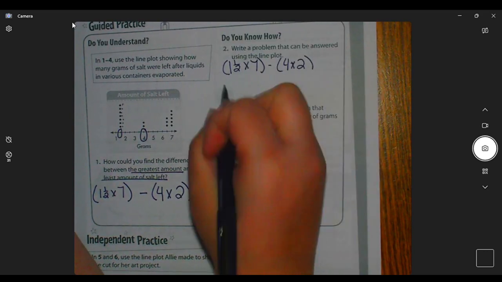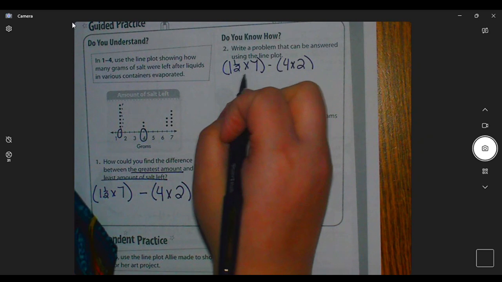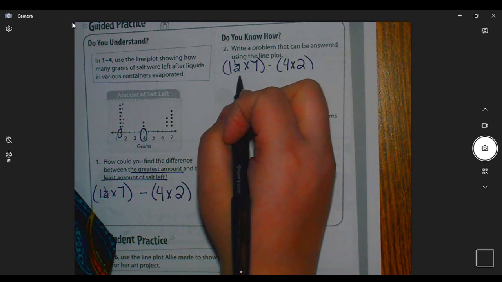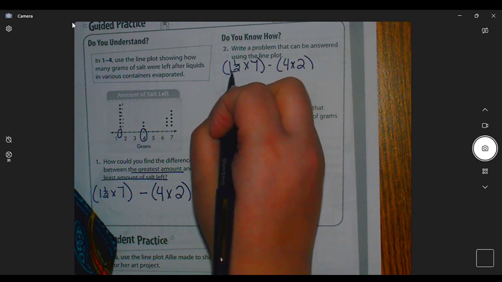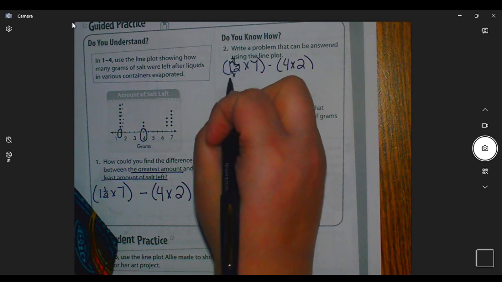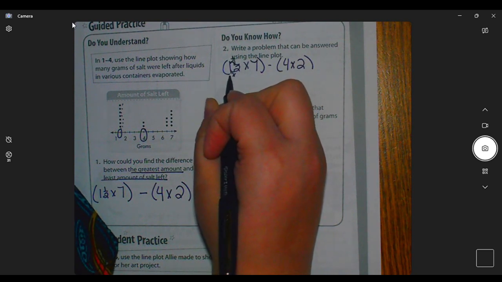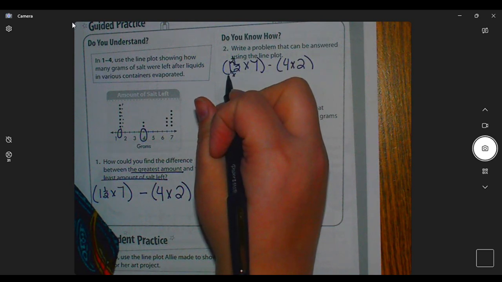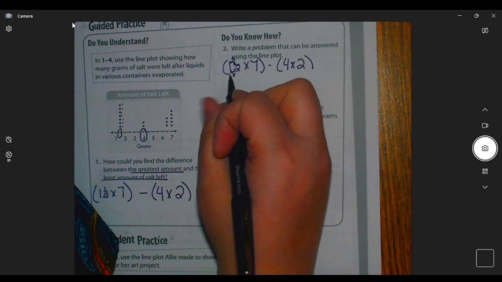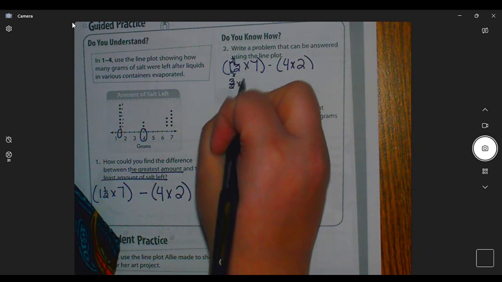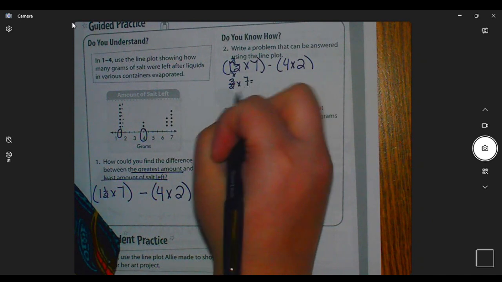Now, I can't multiply 1 1/2 times 7 the way it is because I need to turn 1 1/2 back into a fraction first. So multiply, then add. 2 times 1 is? Plus 1 is? Yes, it's 3. So 3/2 times 7 over 1 gives me 21/2.